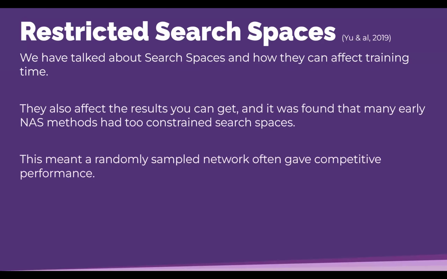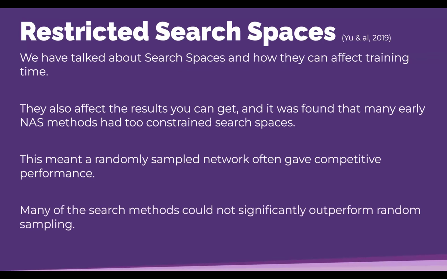They would produce good results, which meant a randomly sampled network often gave competitive performance as a searched network. And so many of the search methods didn't significantly outperform random sampling. And in the case of NAO, if I remember correctly, or neural architecture optimization, random sampling actually outperformed that search method.